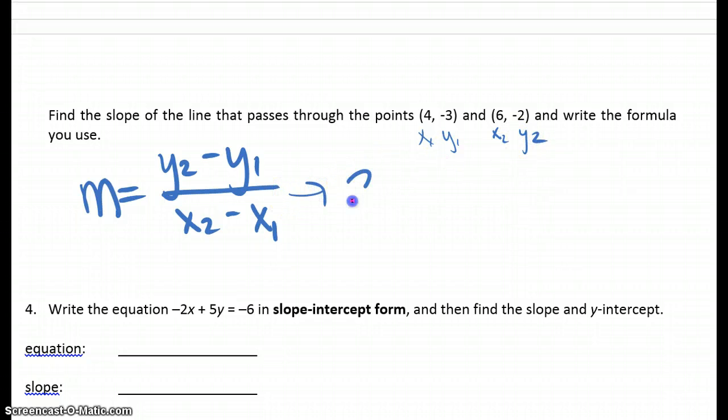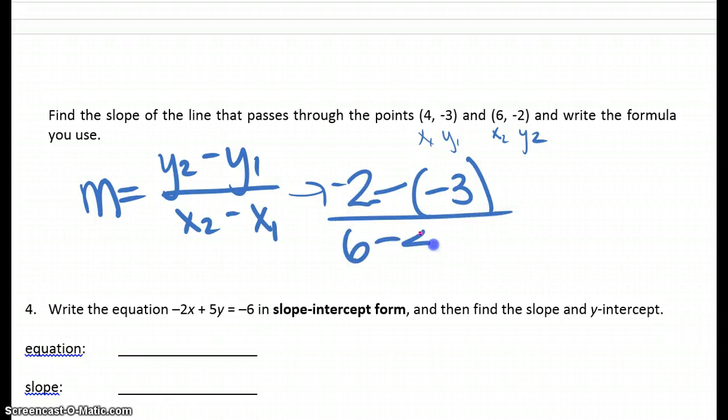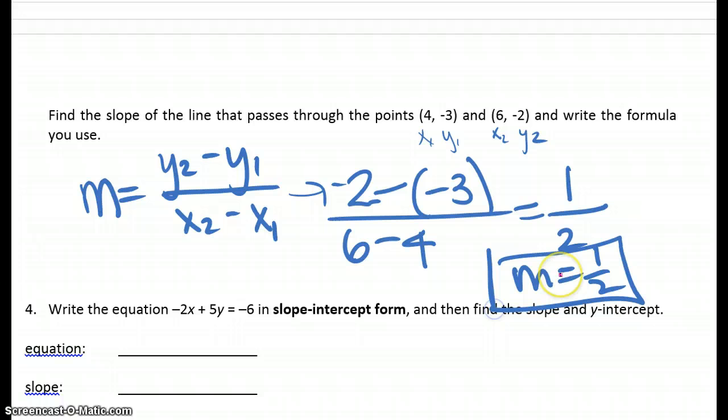So this is negative 2 minus negative 3 over 6 minus 4. Negative 2 minus a negative 3 is the same thing as negative 2 plus 3, which is positive 1 over 2. So my slope here is equal to 1/2.